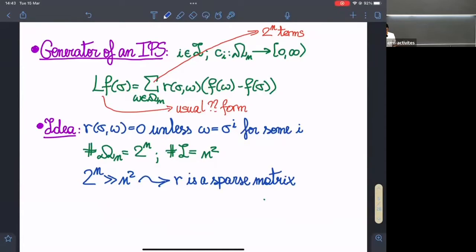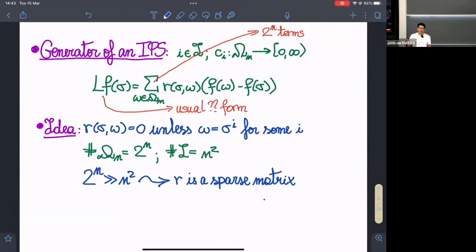You see that this sum here, for the case of interacting particle systems, is not very useful as a representation. Why? Because the sum I wrote there is over all omegas in the state space. That, remember, is a set of cardinality 2 to the n.